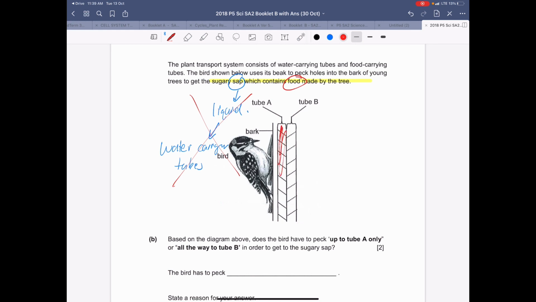Moving on, okay, question B and C. Now, a drying dish rack is shown below. Dishes are placed vertically instead of horizontally. Vertically means this way instead of horizontally. Suggest two advantages of placing the dishes vertically for drying. So the first advantage is that it increases exposed surface area.